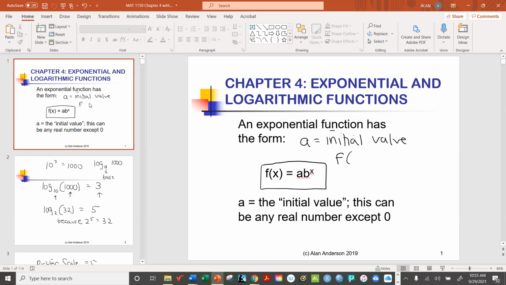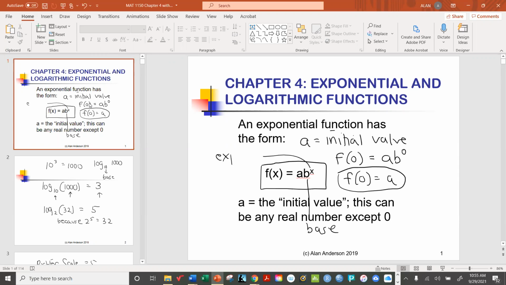Because the initial value means f of 0. So that's the starting point. B is the base, and x, of course, is the exponent. That's what we mean by an exponential function.